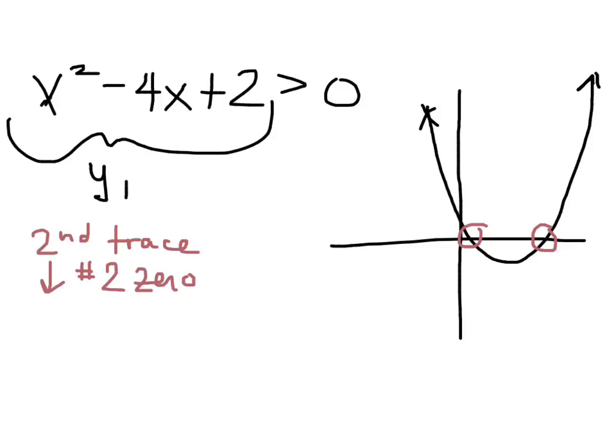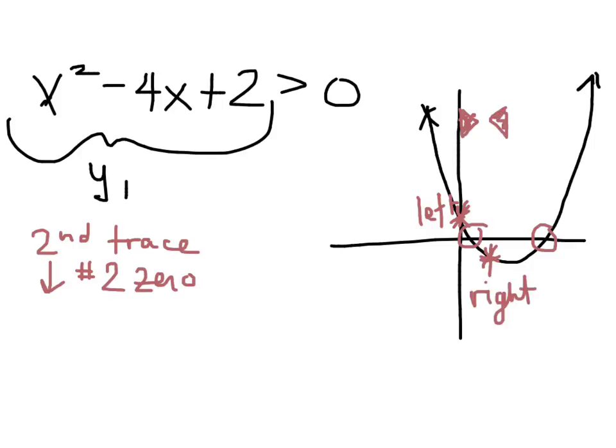Now when you do that, remember the graphing calculator right away will ask, is that left of where it crosses? Yes or no? Right where it is? Yeah, it is. So you can go ahead and enter. And remember that arrow comes in. Then you move the cursor down to the right of it, which is down here, and hit enter.